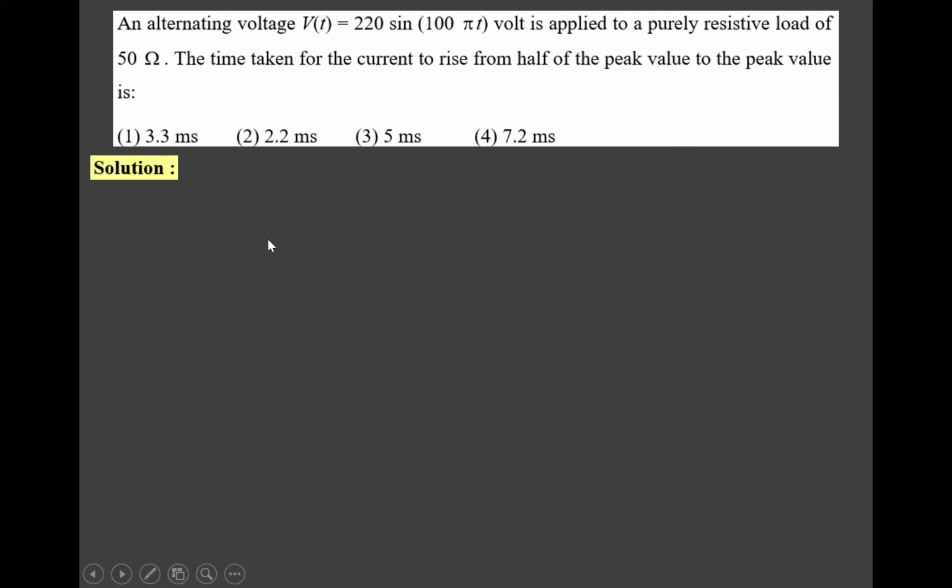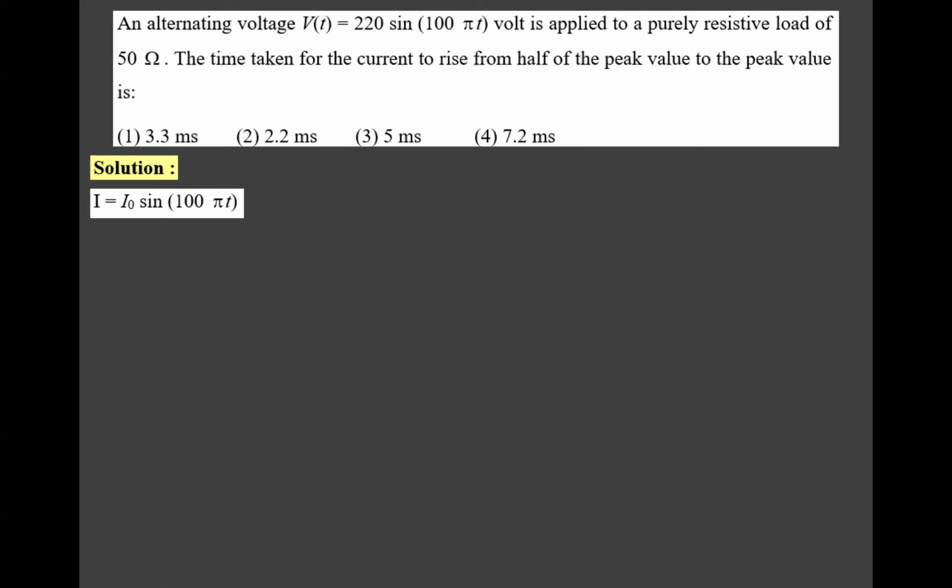So, first of all, we can write the equation for the current: I equal to I0 sin 100πt. This is the peak value of the current, right? Now, first we will calculate the time taken for the current to rise from 0 to half of the peak value.